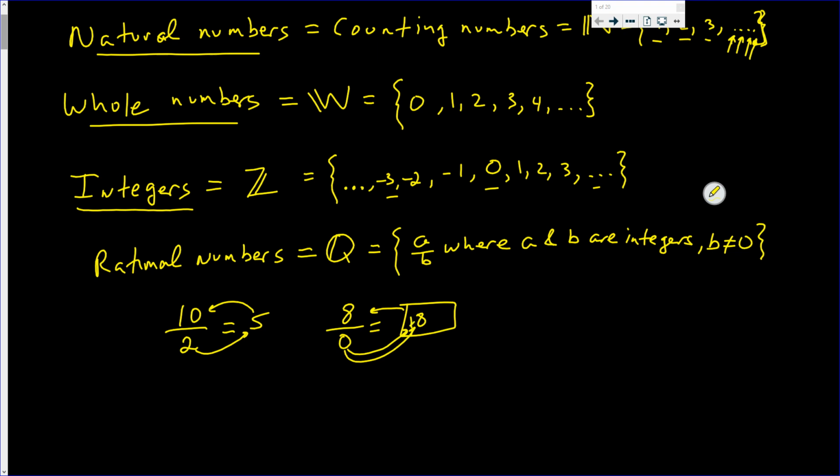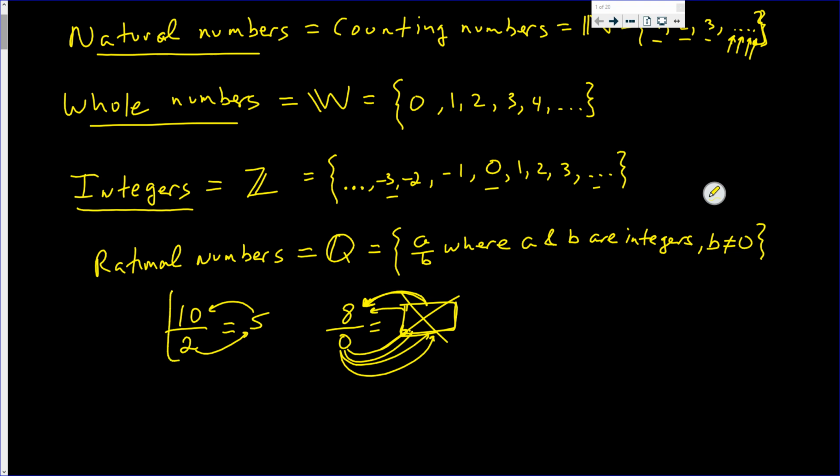If you tell me -8, 0 times -8 is 0, not 8. No matter which number you put in this box, 0 times that number will equal 0, which is not 8. There's no number that you can put in there.